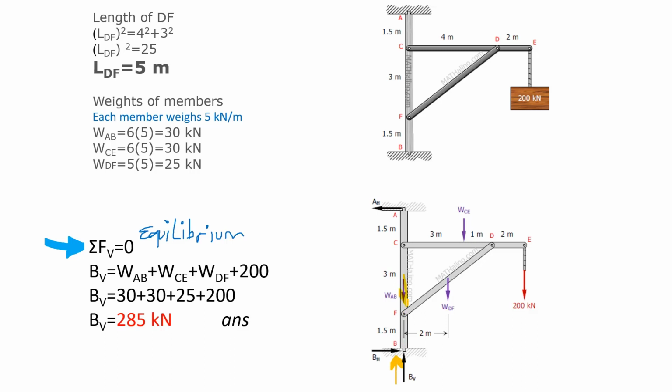There is WAB, weight of AB here, plus weight of CE, plus weight of DF here, plus the external force, 200. And if you do the calculation, you get the result for the vertical force of point B. This is, as you see, a very simple calculation method.